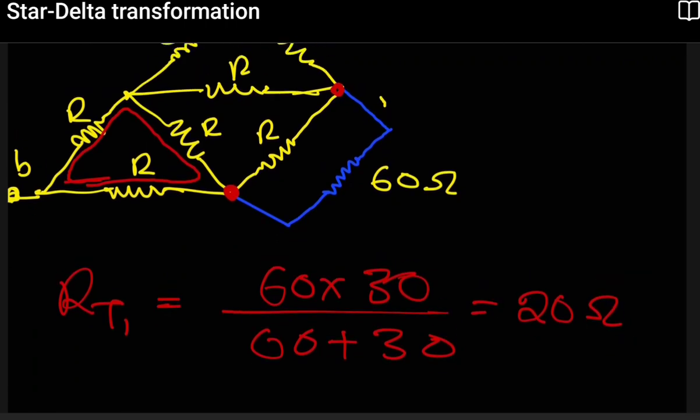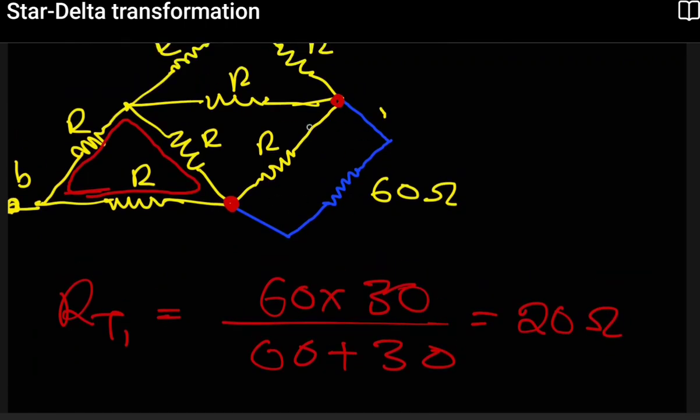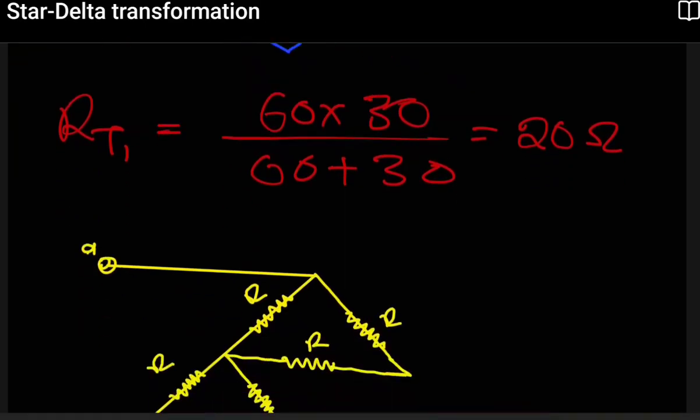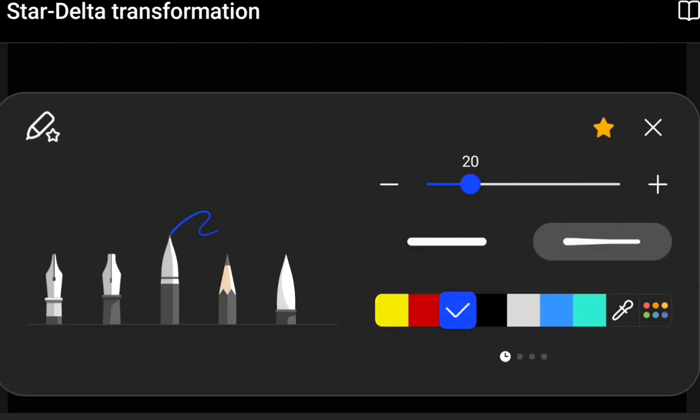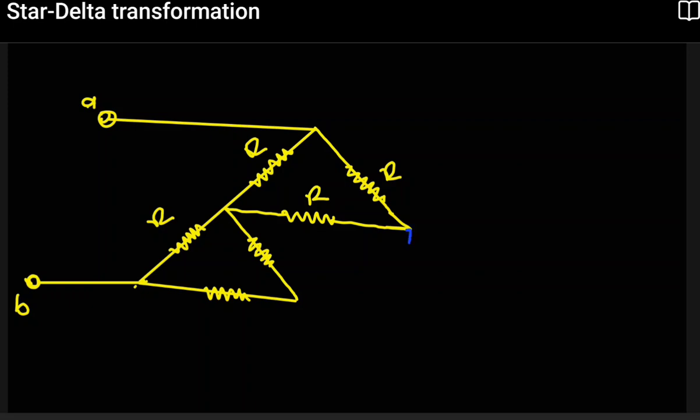So having obtained this, let's redraw our circuit, but now with these combined, and see what we're going to have. In place of those two resistors, which were on this side, we're now going to replace them with their combination. So I'm just going to draw it like this. I've replaced them.